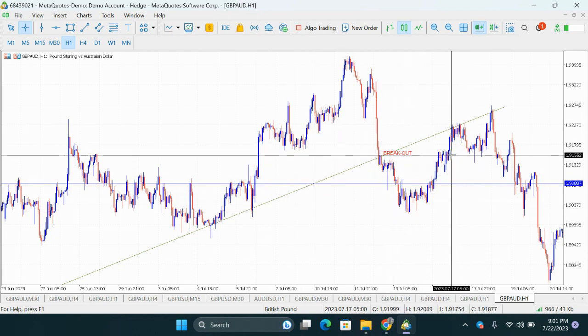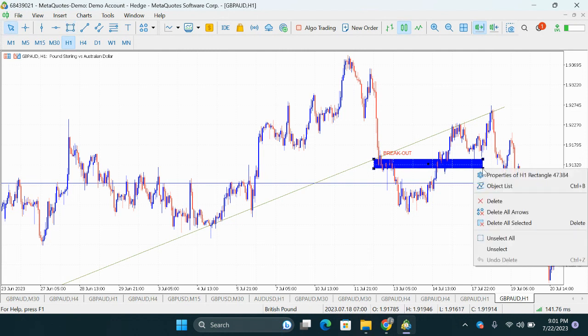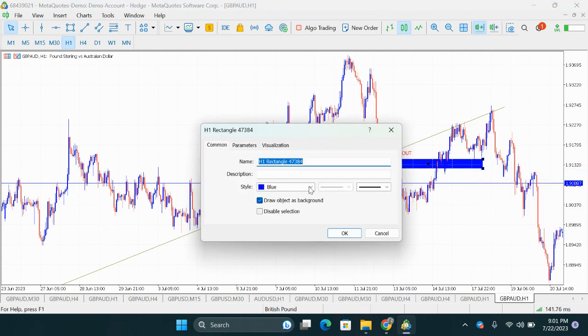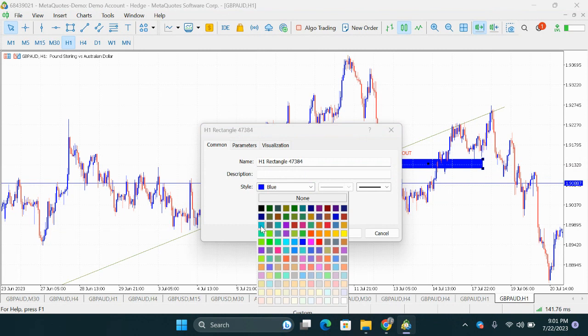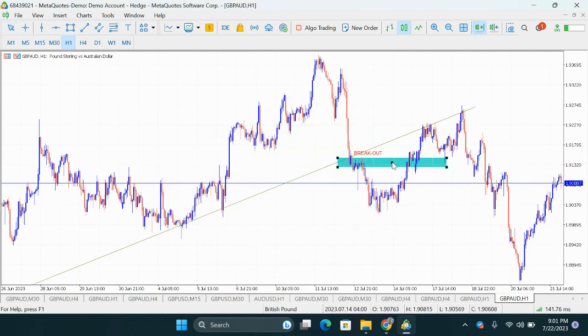Now, this is where you guys can make a mistake, and I don't want you to make that mistake. This is where the price broke out. You might be thinking this is where we are going to sell.